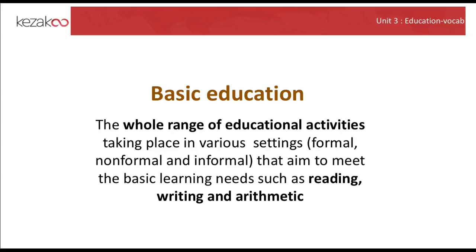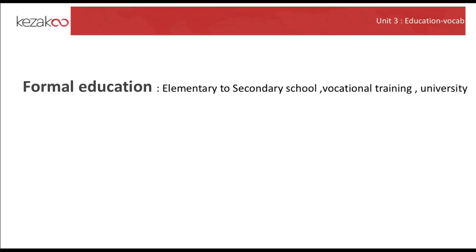So to wrap up, we have seen 3 different types of education. We have talked about formal education, the examples, elementary to secondary school, vocational training, or university. Why? Because they all take place in a classroom with a program or syllabus, with a teacher, and they deliver at the end of the program a certificate or a diploma.